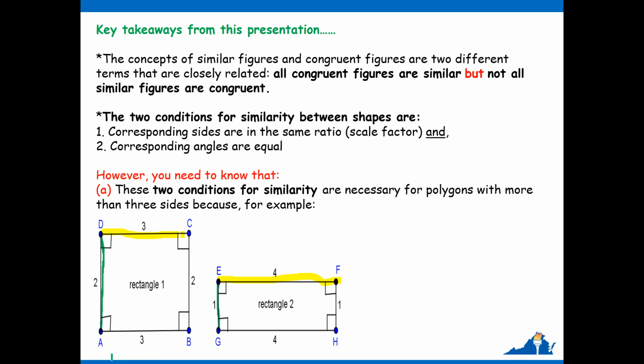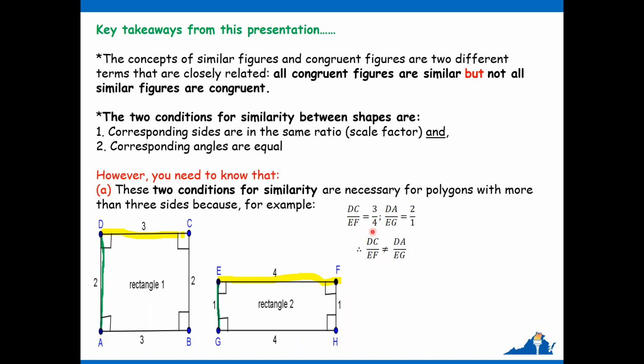Then if they give me one and the same thing, then I can safely conclude that the two given figures are similar. So this is the ratio DC over EF, which is 3/4. Then DA over EG, which is 1/2.